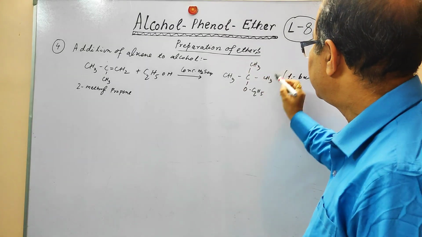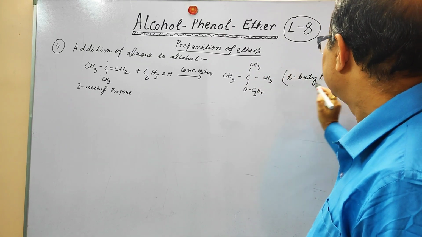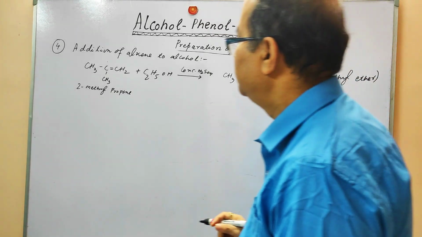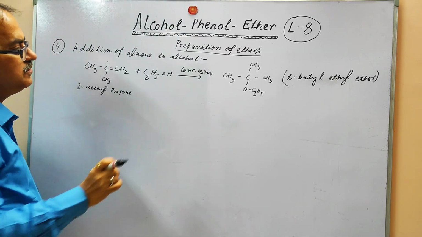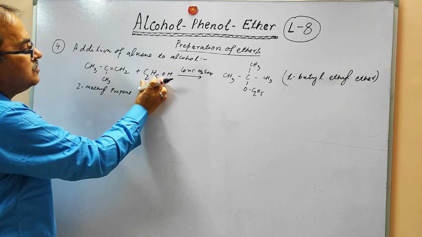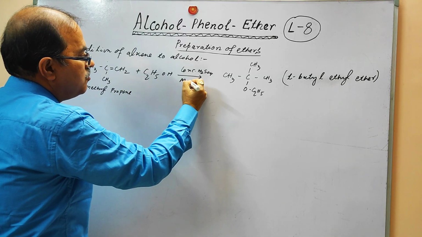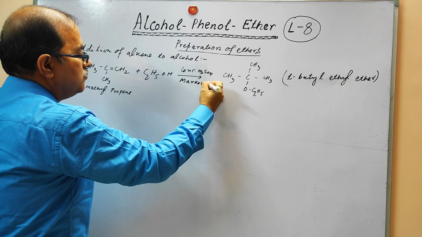This is the tertiary butyl group and it is the ethyl group. So it will produce the tertiary butyl ether. By addition of the alkene to the alcohol, in this case, these alkoxy ions have been attached to this carbon atom as per Markovnikov rules.